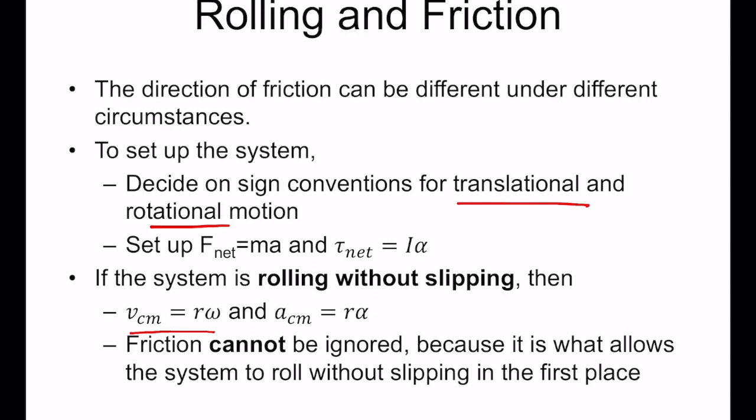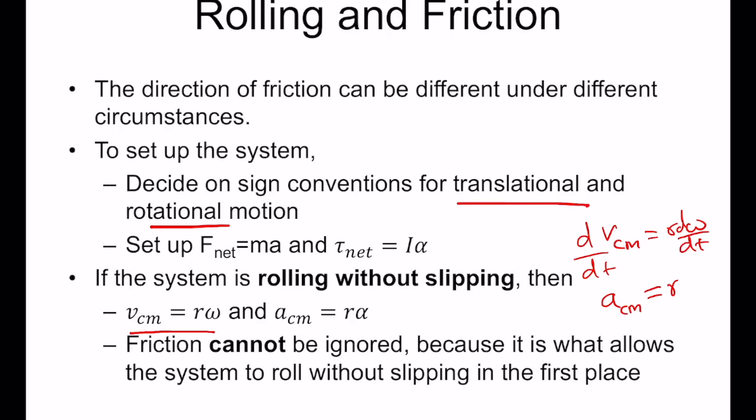And another equation which immediately follows from that. Let's start with VCM equals R omega. If you just take a derivative of both sides of this equation, R is a constant, so the derivative will just apply to omega. So what is dVCM dt? It's just going to be the acceleration of the center of mass, and that is going to be R. And what is d omega dt?